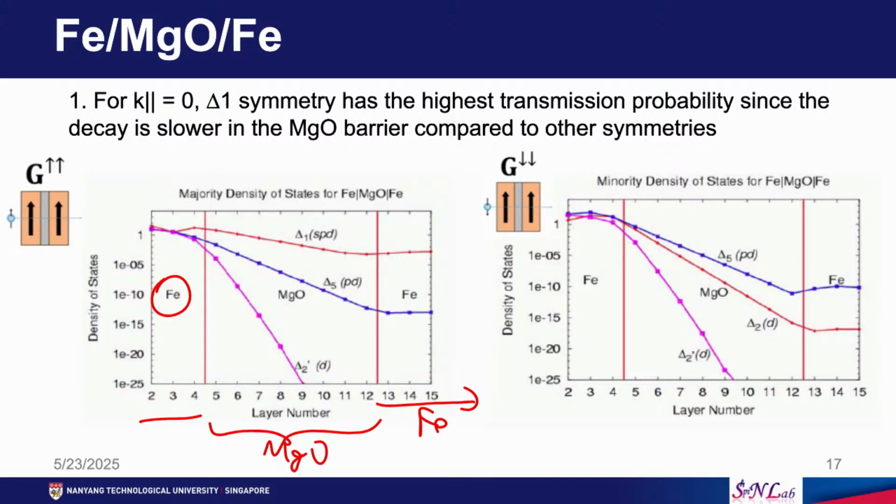And this picture shows the density of states for parallel configuration. Okay, so, if the difference in the density of states is not much, okay, then we can say that the band matches and the probability for electron to tunnel from this side to the other side is higher.